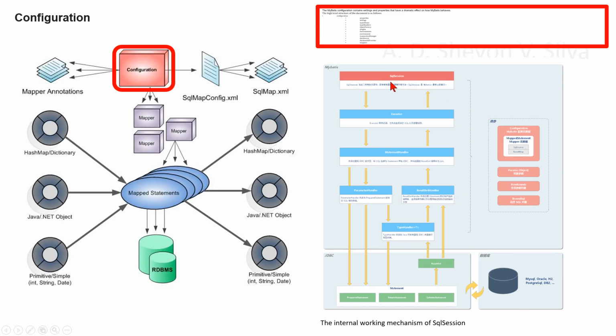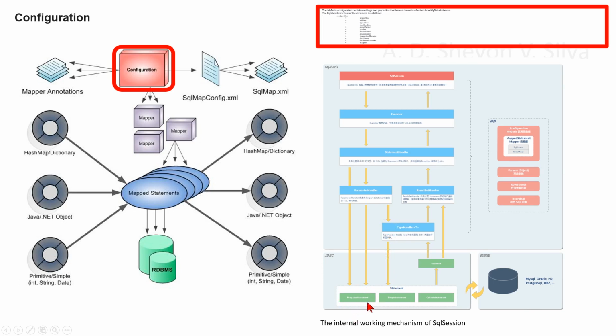And here the SQL session is connected to executor. Executor is connected to statement handler. Statement handler is connected to parameter handler, and here parameter handler is connected to statement, and type handler is connected to statement.